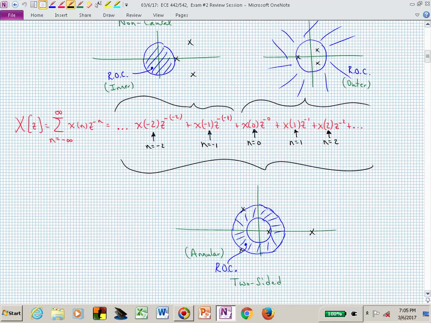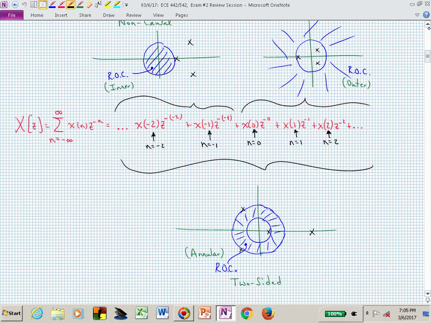We could also look at a region of convergence that's beyond all of our poles, or its unbounded region of convergence. In that case, we have a causal waveform, and if we have an annular or bagel shape, with some poles interior to the region of convergence and some poles exterior, then we have a two-sided waveform. What I'm trying to illustrate diagrammatically is all possible index values of x that are available to us.